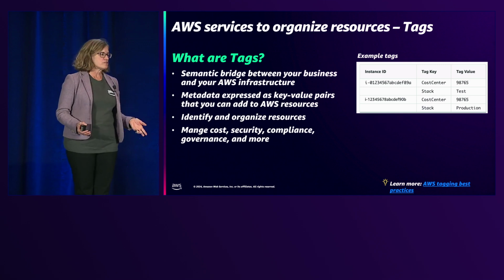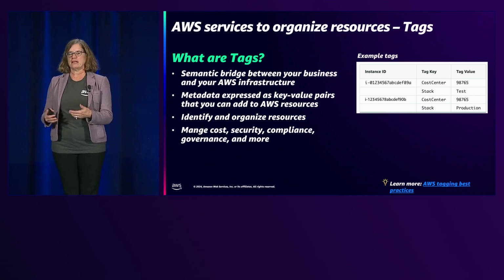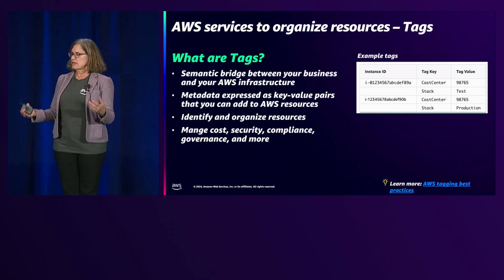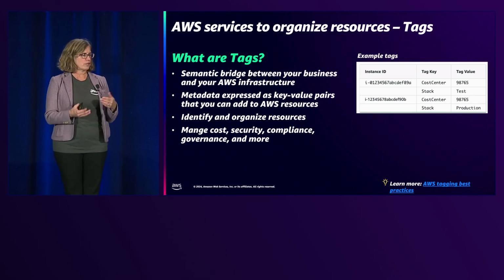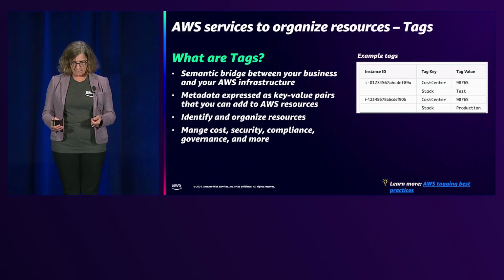Others use tags for lifecycle management. Some customers go ahead and, if they're creating temporary resources, might put an expiration date as a tag, so that then it's easy to go back and really remove some of those unused resources or resources that aren't needed for a long time.